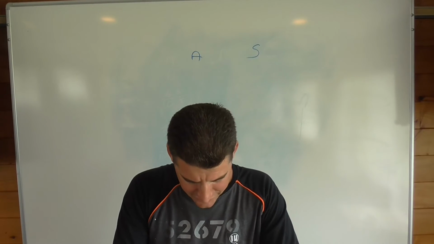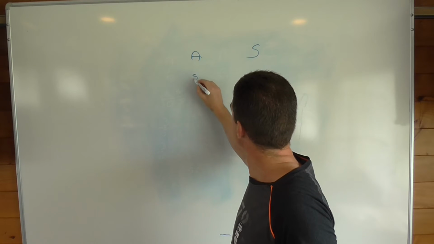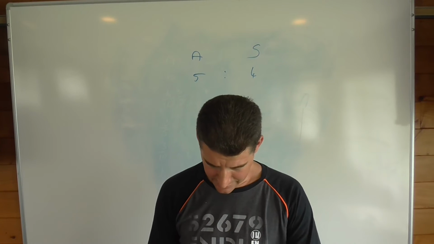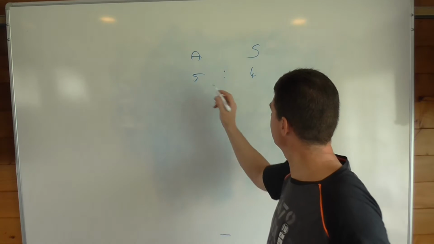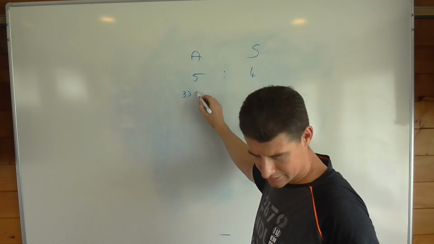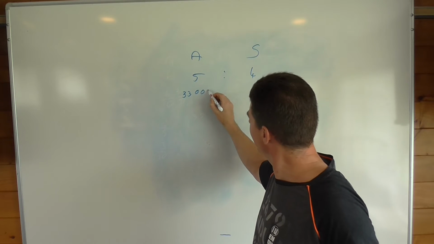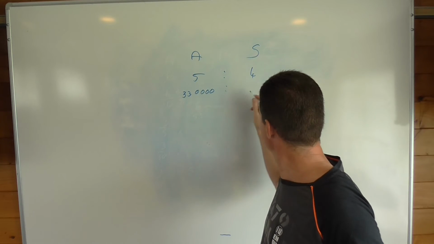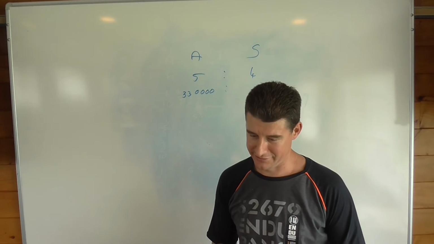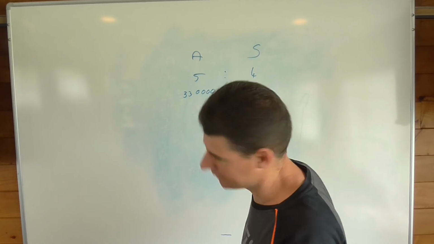The ratio of sales of Ashton to Sarah is 5 to 4. If Ashton sold 330,000, how much did Sarah sell?